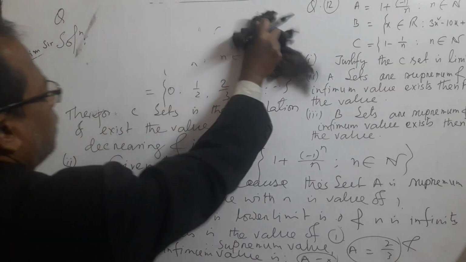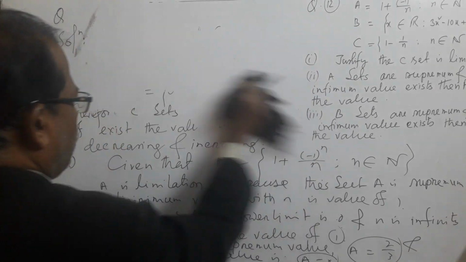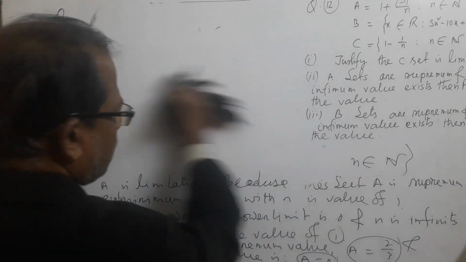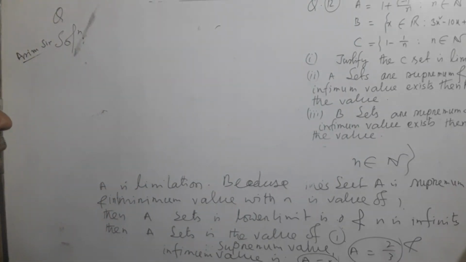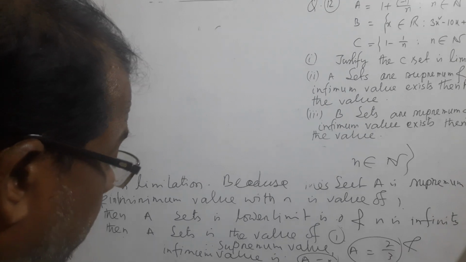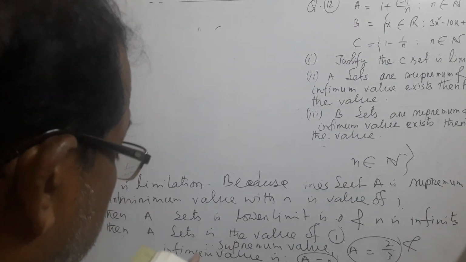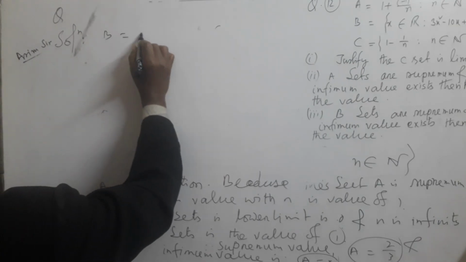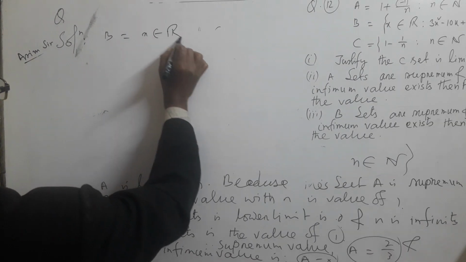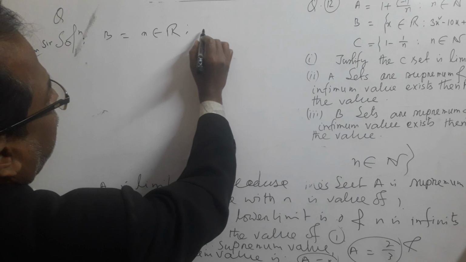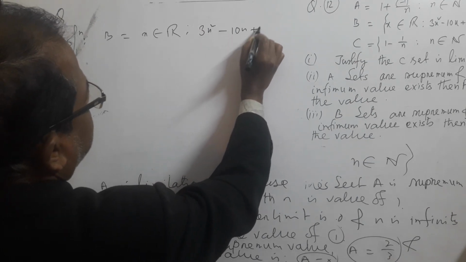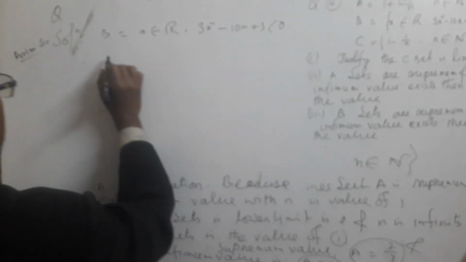Now number 3. Do the supremum and infimum values of set B exist? B is the set of x belonging to real numbers such that 3x square minus 10x plus 3 is less than 0.